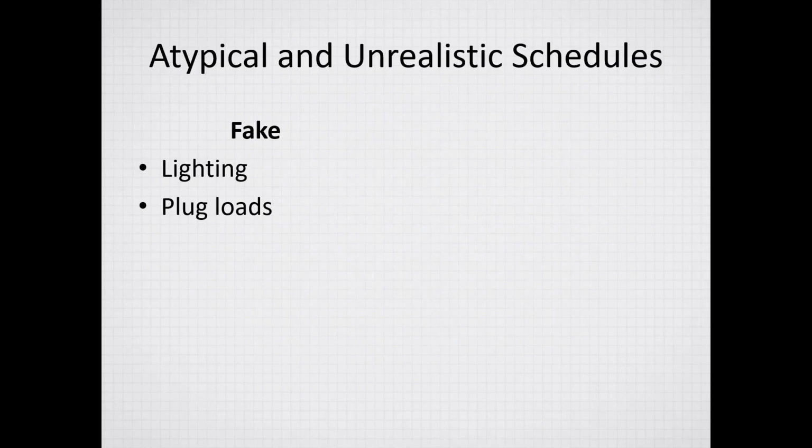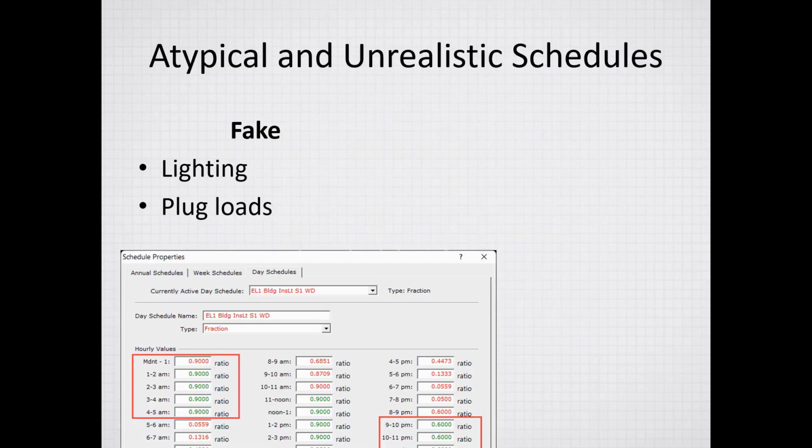And what I mean by a fake or unrealistic schedule, so for example, in order to get the electricity to increase, the lights were set to basically on all night, when you can see that even in the afternoon, they're tailing off. Unless, of course, we have some sort of data that the lights are being left on all night, that's really an unlikely schedule. It's an easy way to get the electricity to increase, but it's a guaranteed way to have a fake calibration.